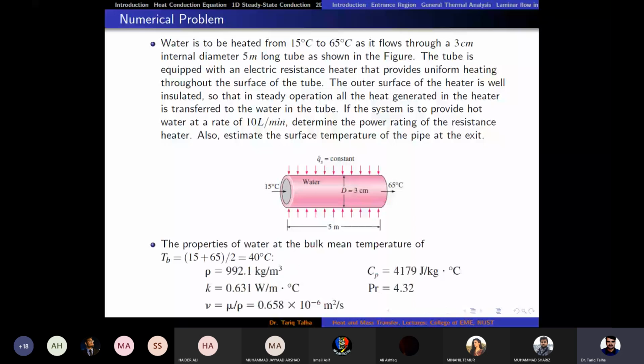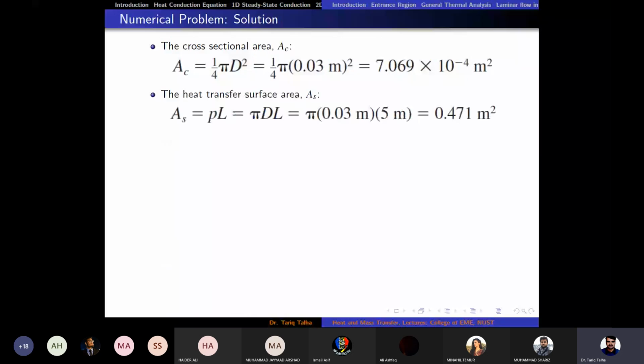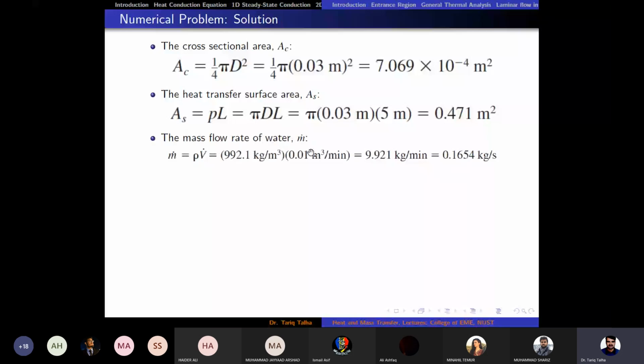First of all, we calculate the fluid properties at the bulk mean temperature, which is 40 degrees, and from there we can calculate Ac and As. Ac is the cross sectional area, As is the surface area. Then m dot is equal to rho into the volume flow rate, which is 0.01 meter cube per minute, divided by 60 to get it in kg per second.